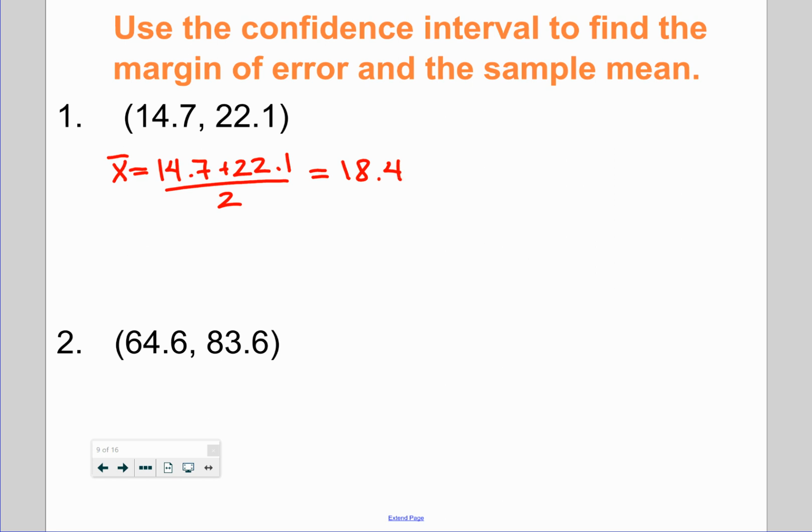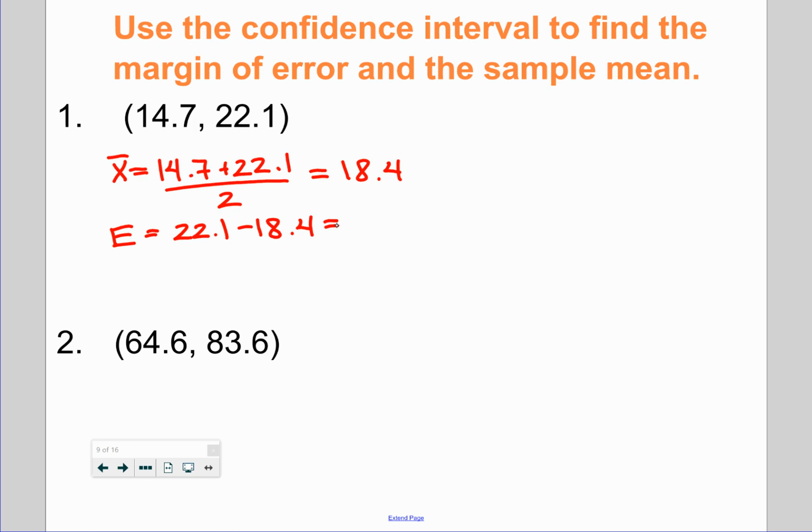And then the margin of error is how far that sample mean is from each of those endpoints. It doesn't matter which way you calculate it because 22.1 is the same distance from it as 14.7 is. So I would probably just do 22.1 minus 18.4, the biggest end of my confidence interval minus my sample mean, which is in the middle. Not the only way to do it, though.